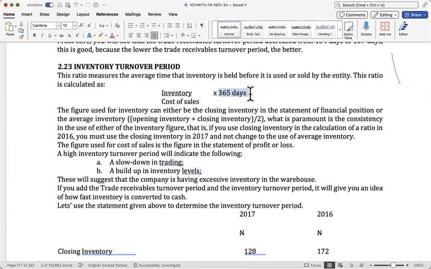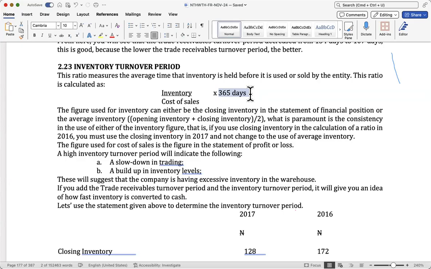But don't express it as that, because now we call debtors trade receivables. So you just call it trade receivables. Now, if an entity has elongated days to sell its inventory, it's not good, because it's tying down its working capital.